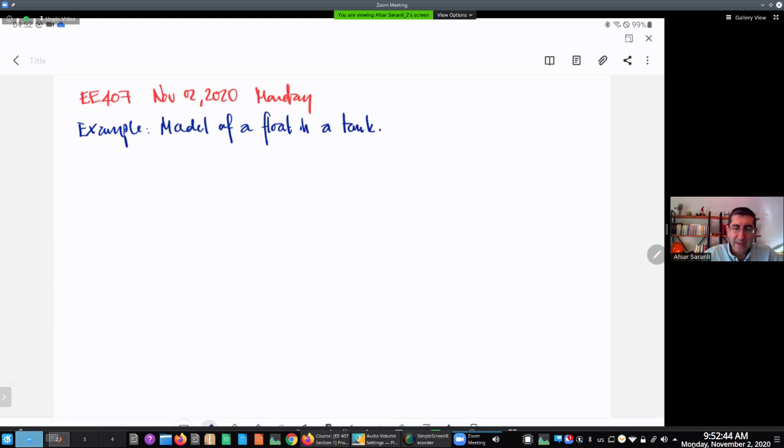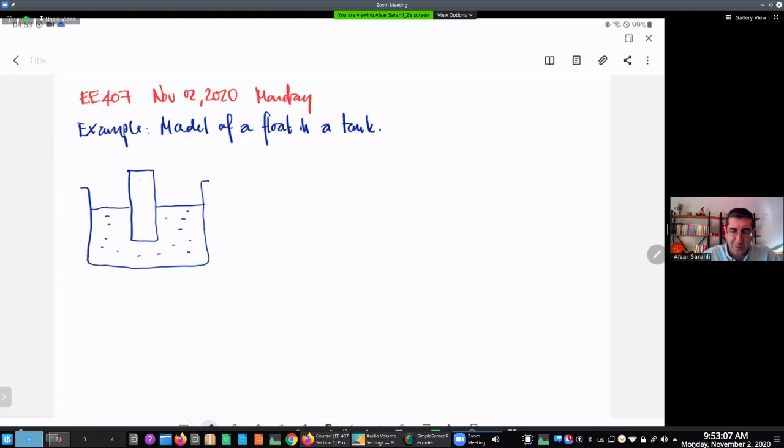Okay. Now, what's happening is that we have basically a tank filled with liquid, and there is an object inside. So this is our liquid. Okay.